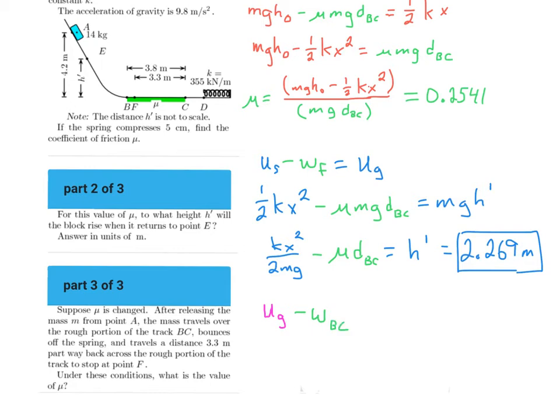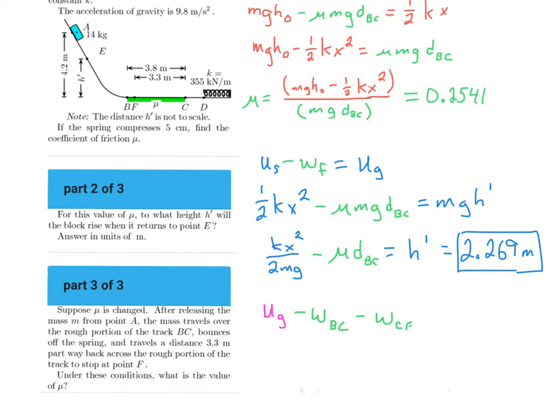Now, it has a new value for mu now, so we're not going to worry about that just yet. It bounces off the spring. We're going to ignore the spring, because once it bounces off the spring, it's going to give up that energy again, and it's going to return, and it's going to travel the path from C to F. So, in other words, there's going to be more work done from point C to point F.